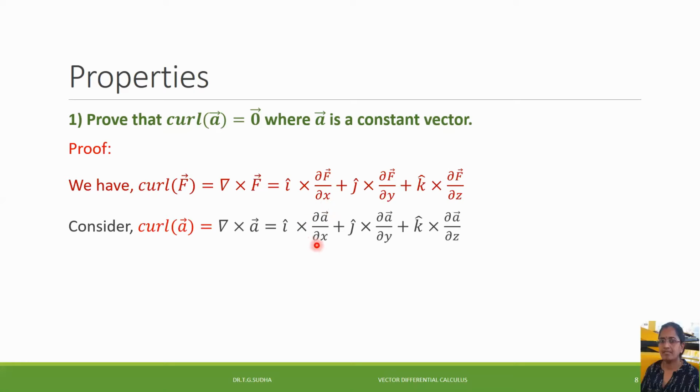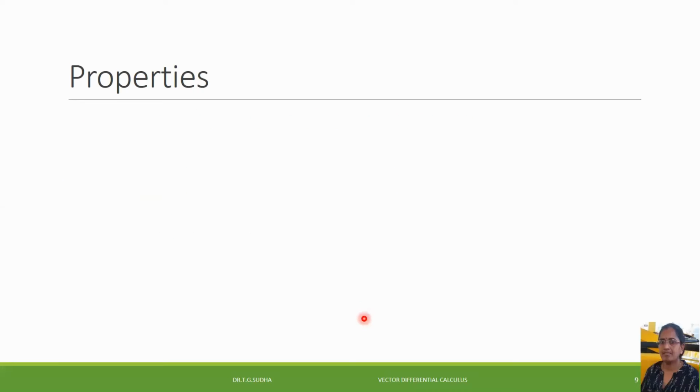Therefore, the partial derivatives dou A by dou x, dou A by dou y and dou A by dou z are all equal to 0. So we get i cross 0 plus j cross 0 plus k cross 0, and we get the 0 vector. Hence, curl of a constant vector is always 0.